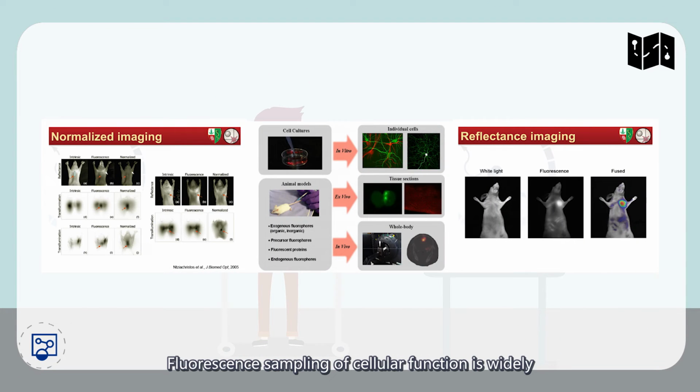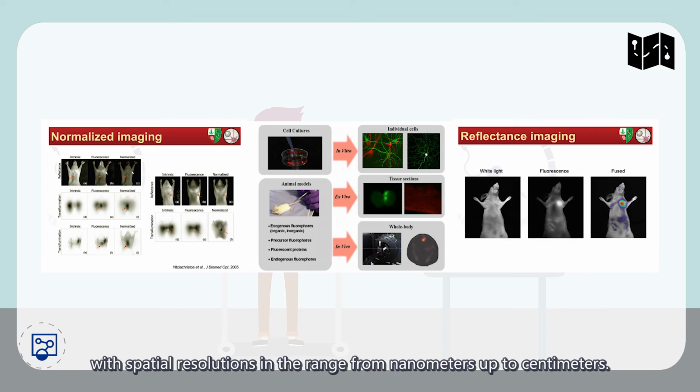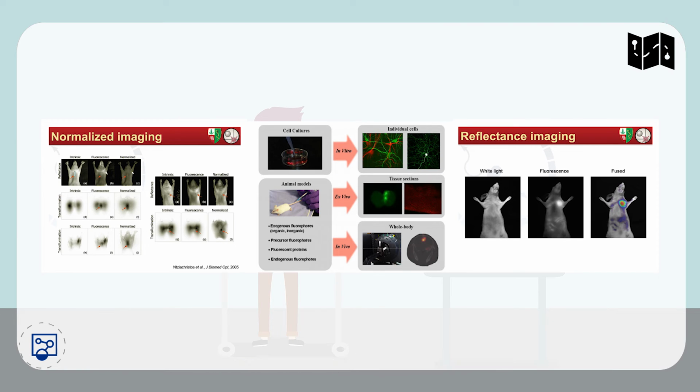Fluorescence sampling of cellular function is widely used in all aspects of biology, allowing the visualization of cellular and subcellular biological processes with spatial resolutions in the range from nanometers up to centimeters.